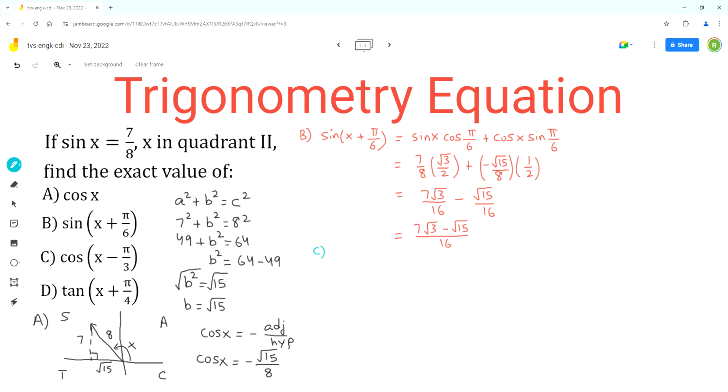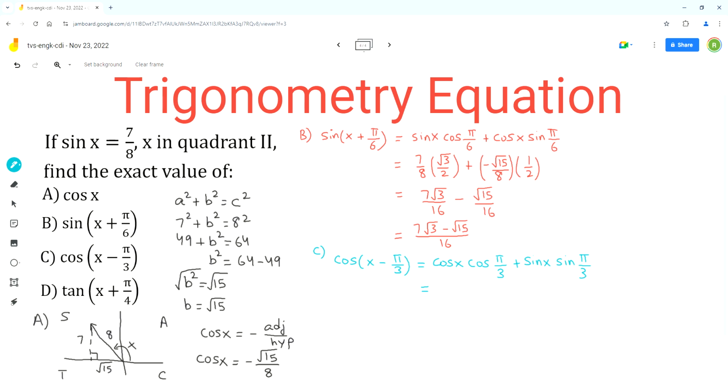For part C, we have to use the angle difference identity for cosine function. Now we can sub in the values.